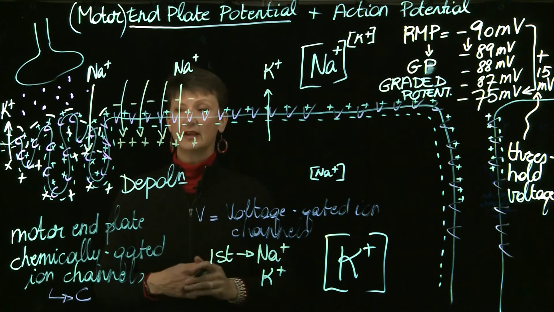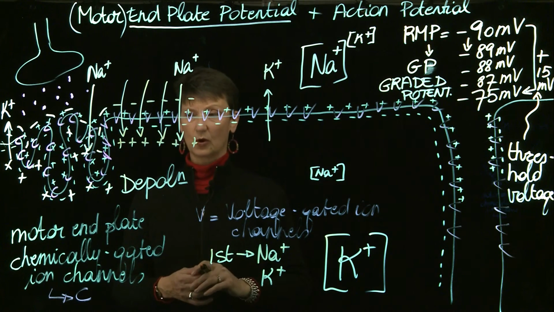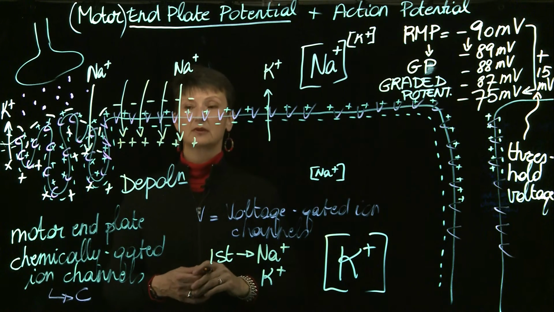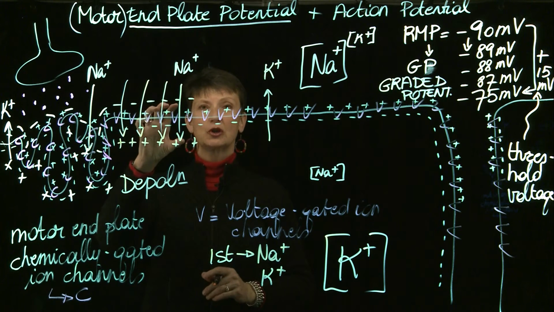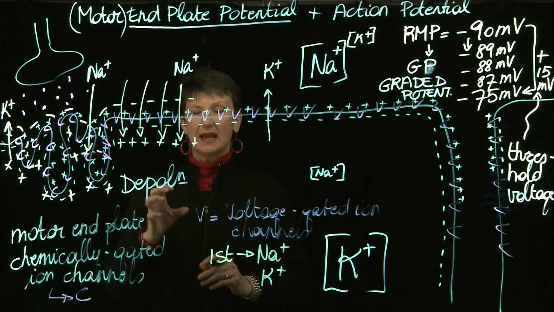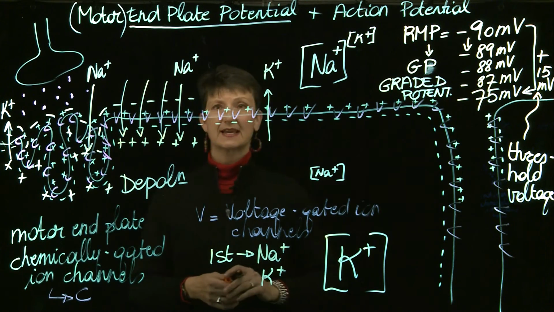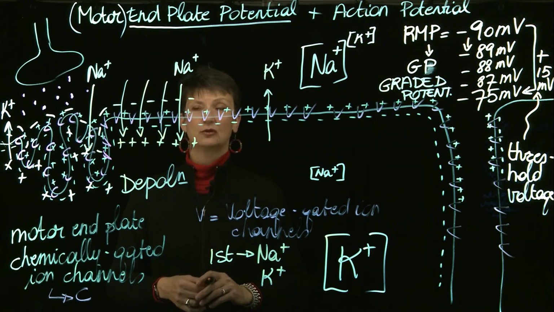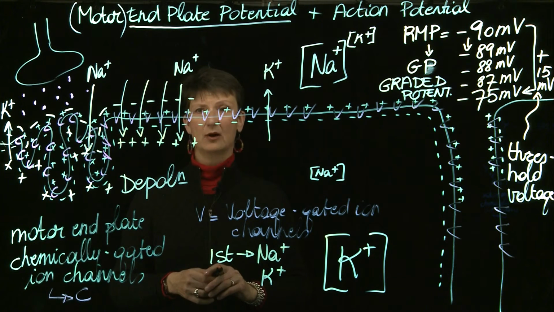But this depolarization is going to maintain its strength. In other words, when we reach this threshold voltage of depolarization, it is going to open up so many sodium voltage-gated ion channels, one after the other, that we see a very, very strong depolarization, much stronger than the minus 75. And we'll see how strong later down the line when we get to the nervous system and we really analyze what action potentials are all about.